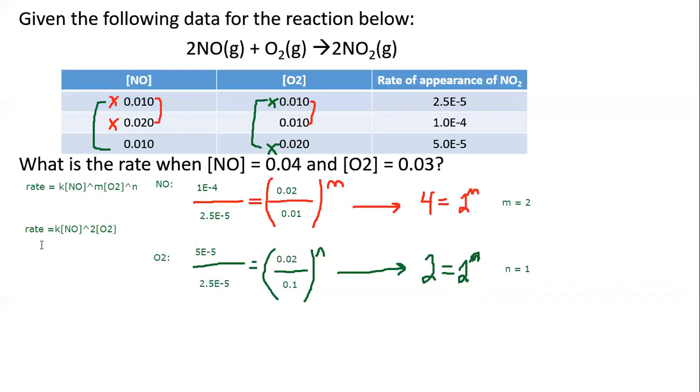And now what we need to do is determine the rate constant. So you pick any one of these 3 experiments, plug in the concentrations and rate, and solve for K. I'm going to pick experiment 1.